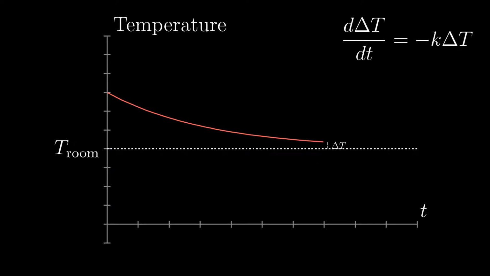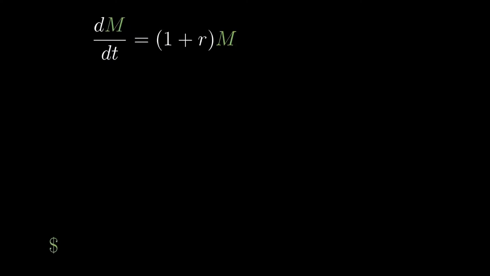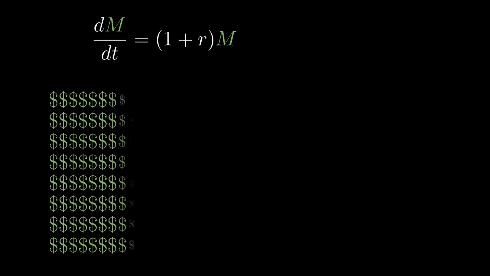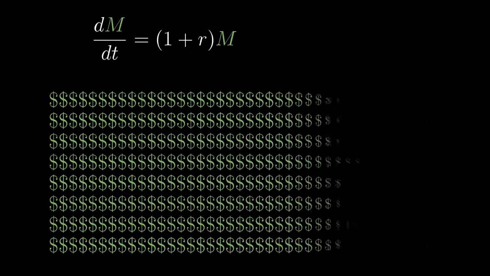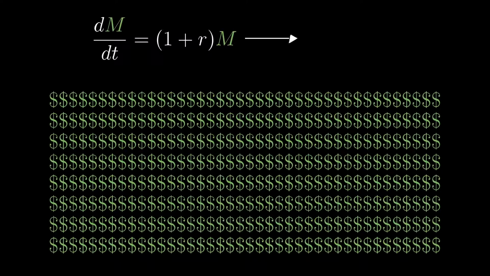Or, said a little differently, the rate at which that difference changes is proportional to itself. If you invest your money, the rate at which it grows is proportional to the amount of money there at any time.